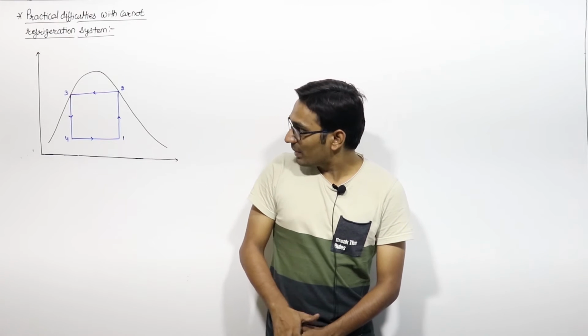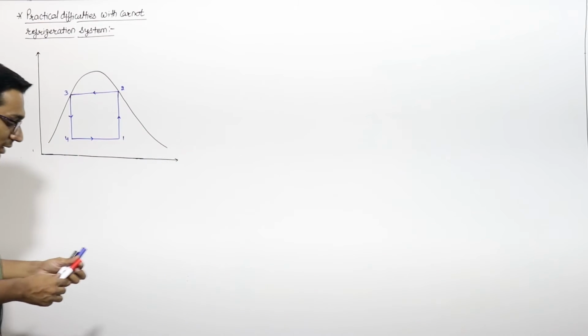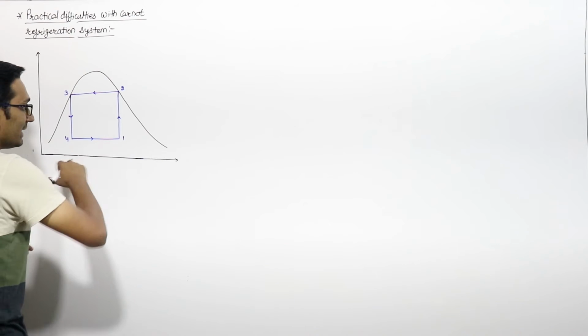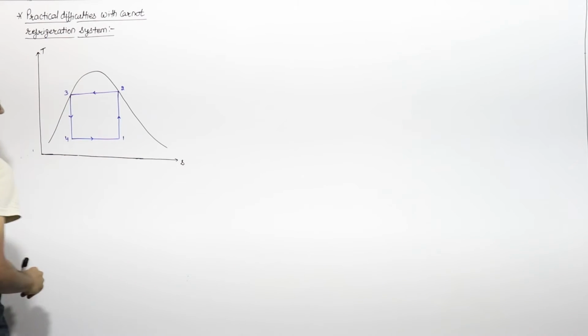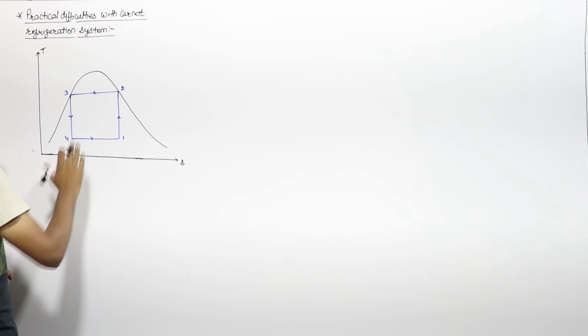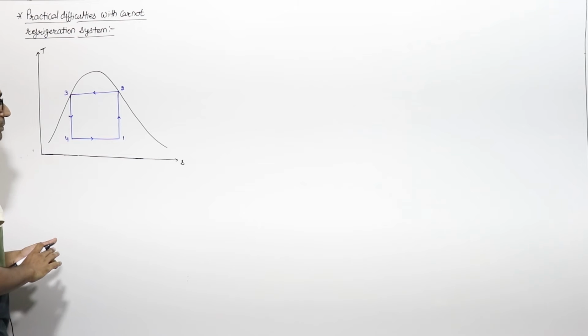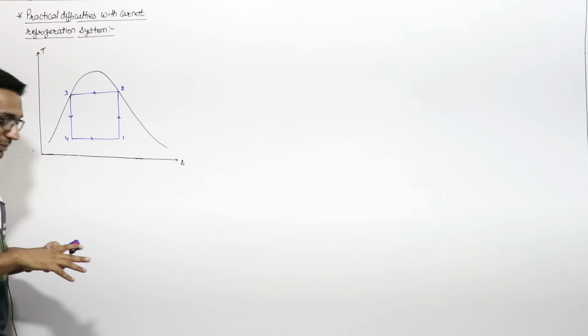Now if we talk specifically about the vapor compression cycle, some of the practical difficulties with this reversed Carnot cycle are these. The first difficulty is with process 1 to 2, which is the reversible adiabatic compression.